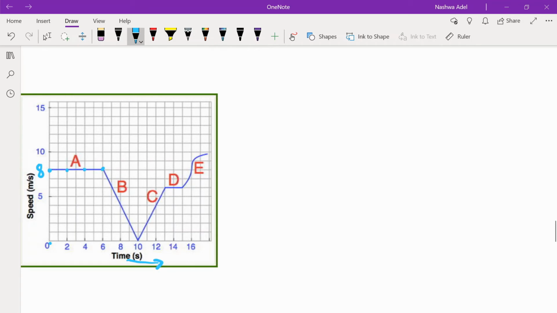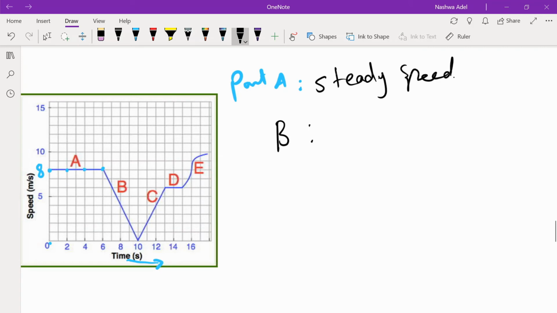So in part A, the speed is constant, or steady speed. Okay, part B, the speed starts to decrease.